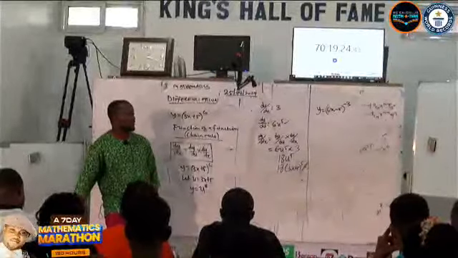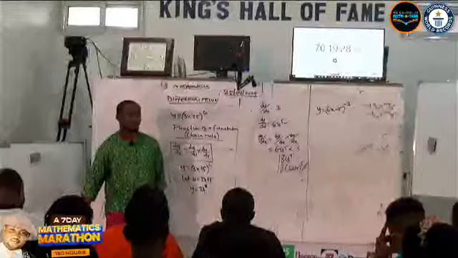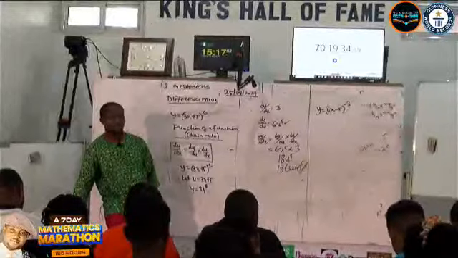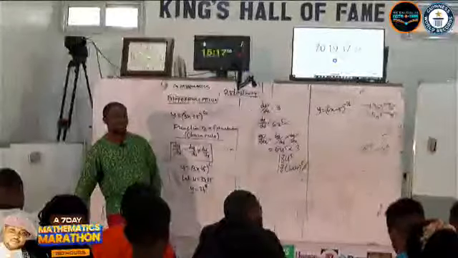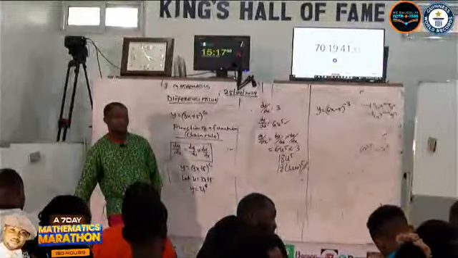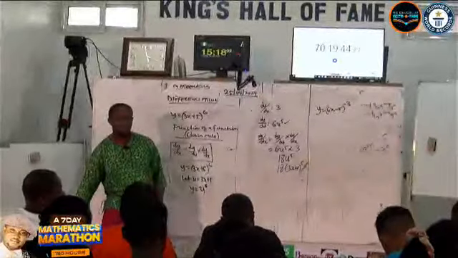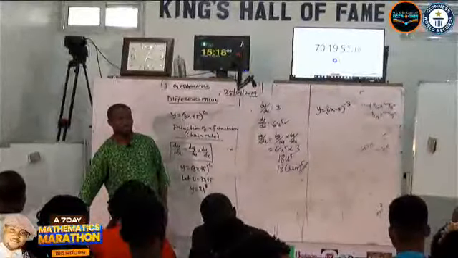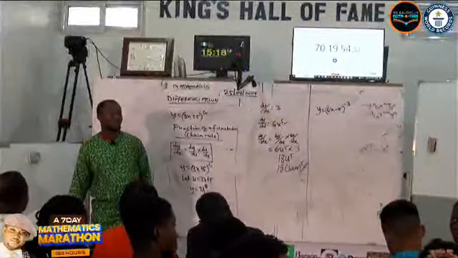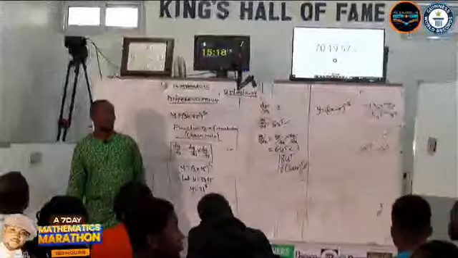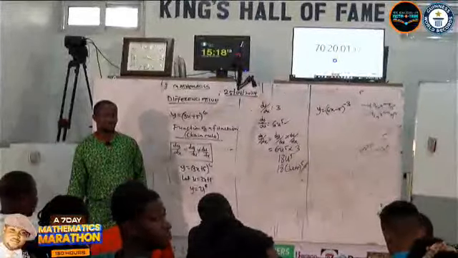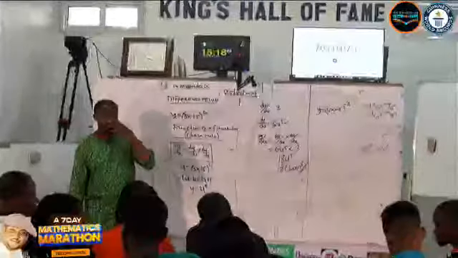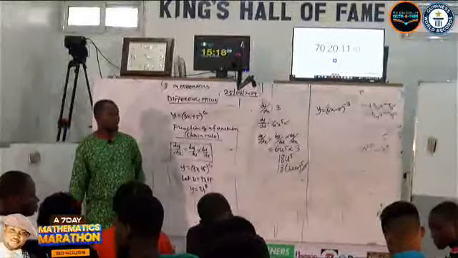All right, now have you finished what I'm giving to you? The 6x minus 5, if I differentiate that, did you use the method I showed you?